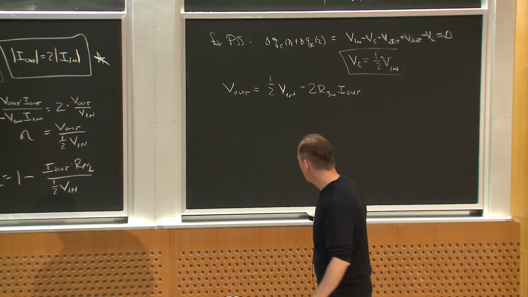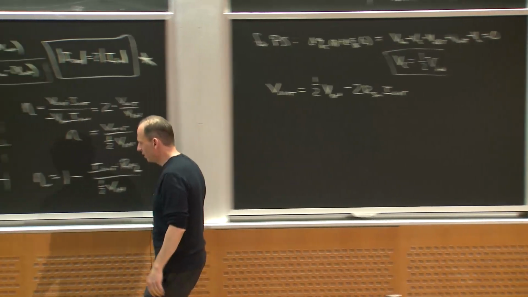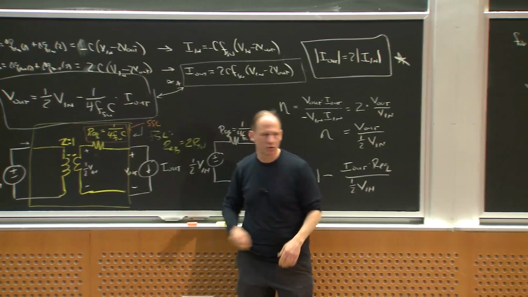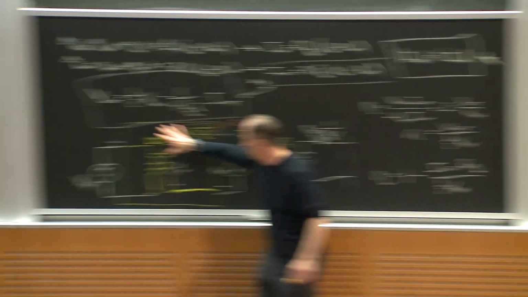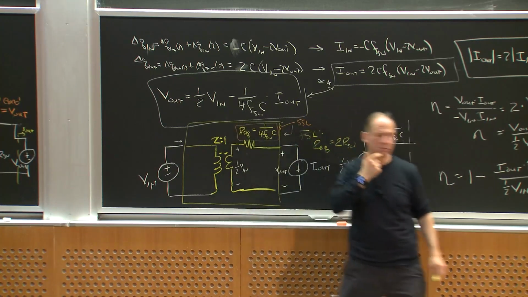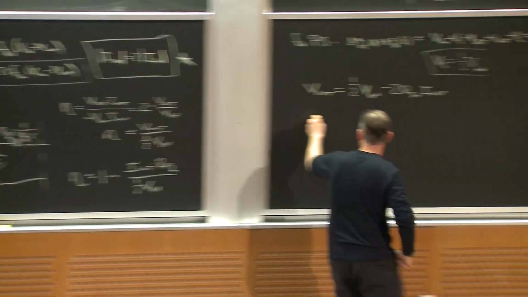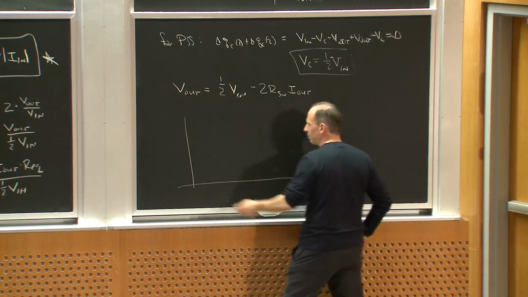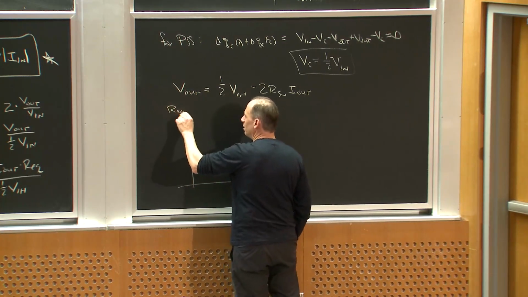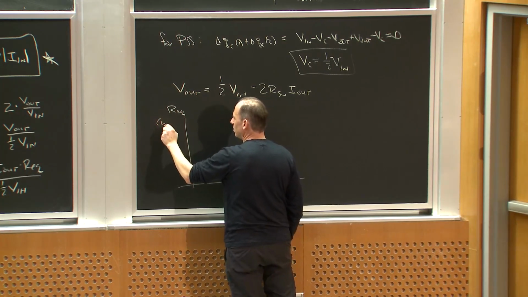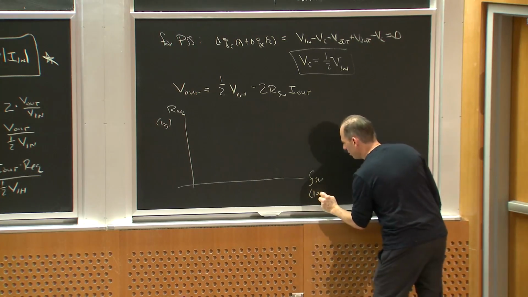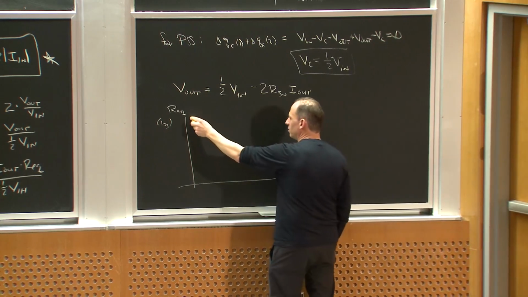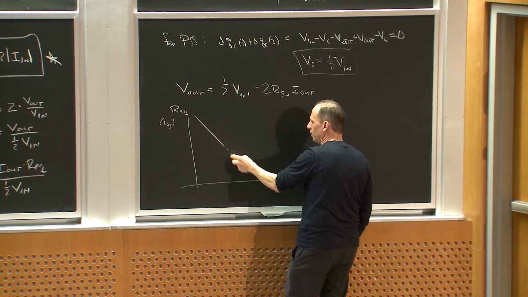Okay? So what happens in the real world is if I have a switched capacitor converter, and I'm going to have this model for its behavior, all I'm going to get is, if I plot R equivalent on a log scale versus switching frequency on a log scale, something that falls linearly.